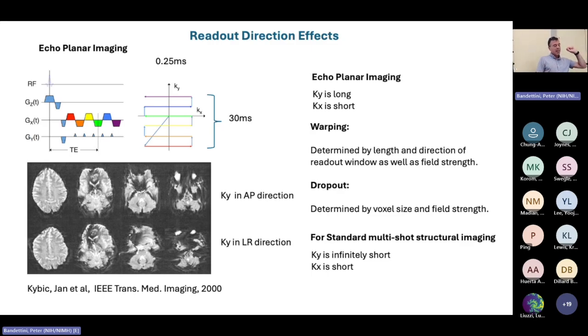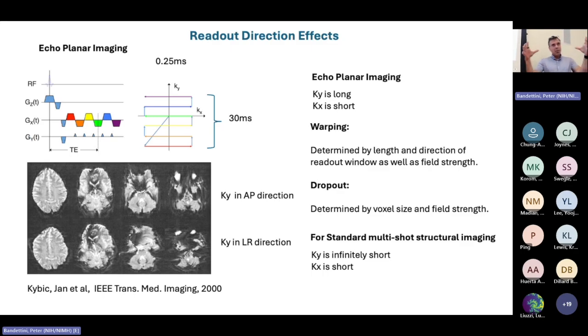So your signal dropout is very much a function of your voxel size and also field strength. The larger the voxel, the more likely it is that you'll have more spins or more protons precessing at different frequencies, and they'll get all out of phase and the signal will drop out. They will cancel.